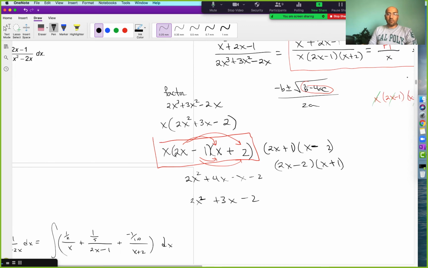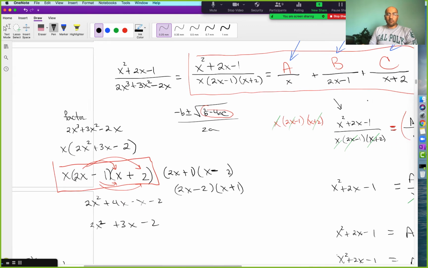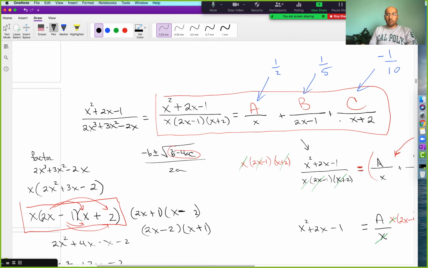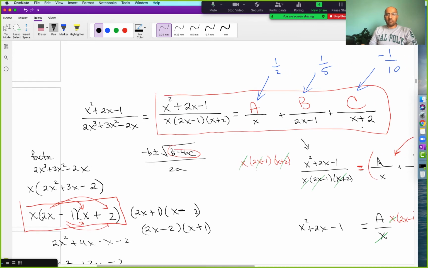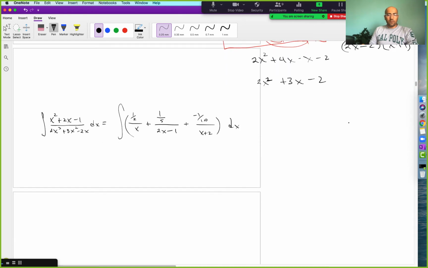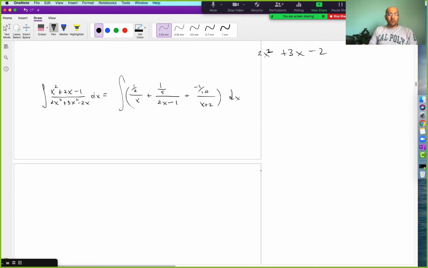And that's just coming from here, minus 1/10 over x plus 2. Good. So now instead of one big, ugly, nasty integral, we've got three reasonable, manageable integrals, right?